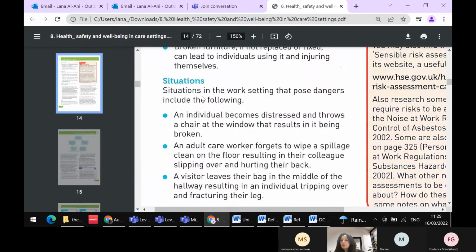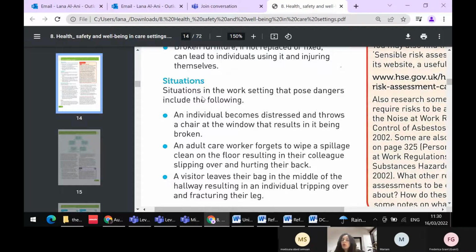Also, just give the three situations and say that it is very dangerous. If I don't assess the danger, if I don't do a proper risk assessment, if I don't monitor it and review it, these accidents will still happen in the nursing home. And then people might hurt themselves, I might hurt myself, and also I might cause dangerous accidents or illnesses.